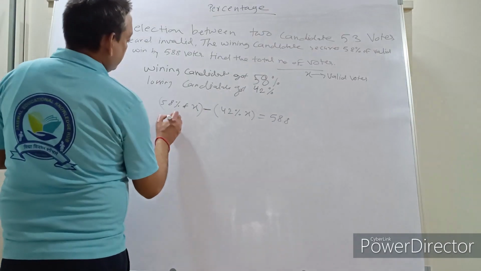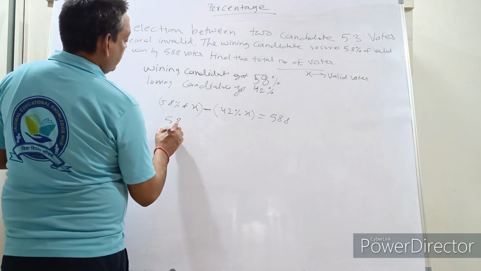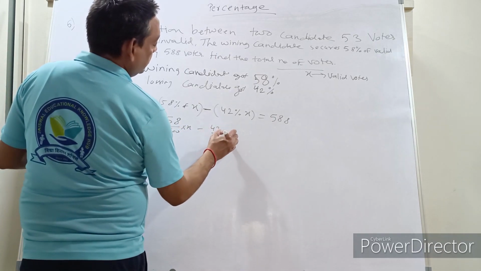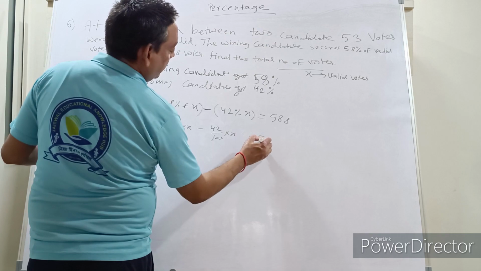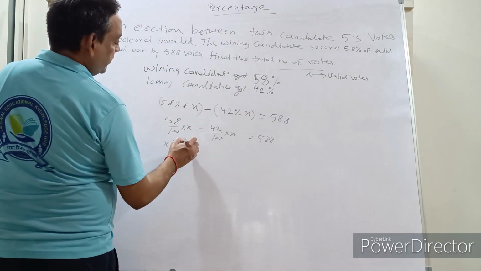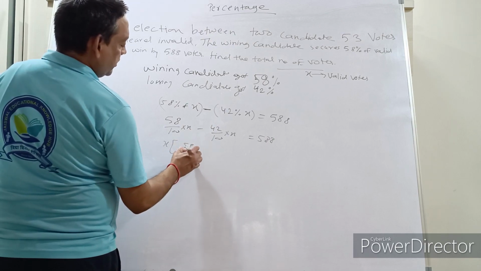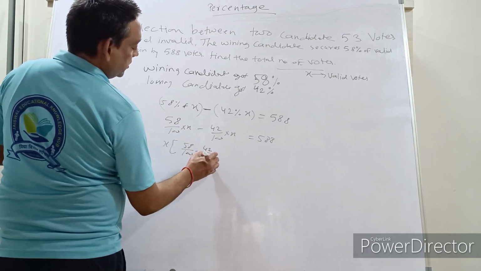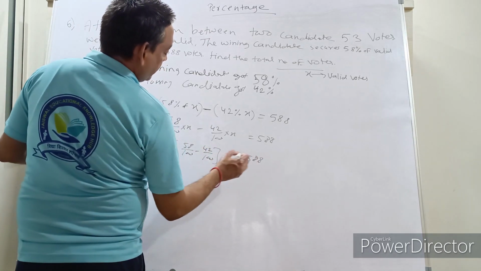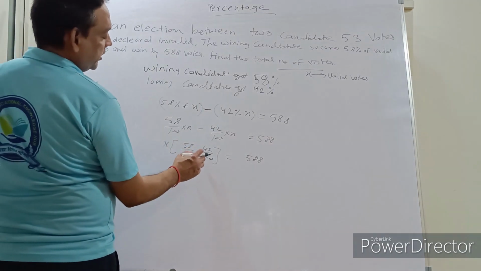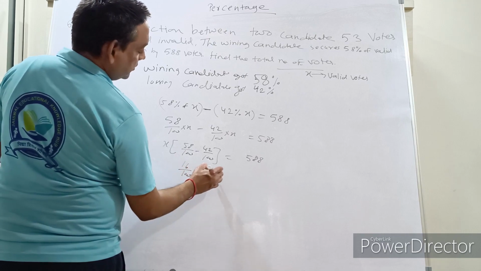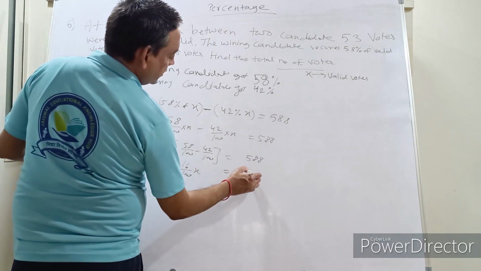candidates. Okay, so this will be 58 upon 100 into X minus 42 upon 100 into X is equal to 588. Okay, so X you take common, so now we have 58 upon 100 minus 42 upon 100 times X is equal to 588. So 58 minus 42, this gives you 16 upon 100. X is equal to 588.